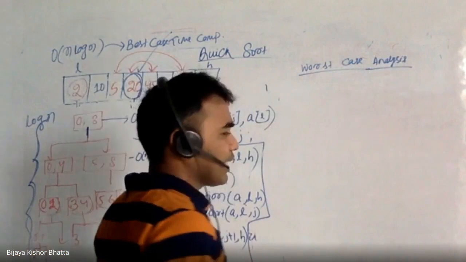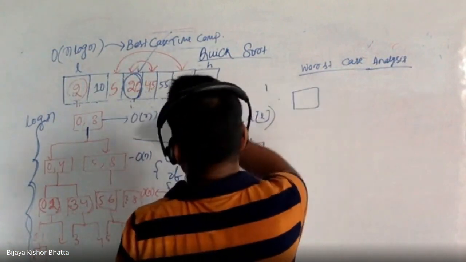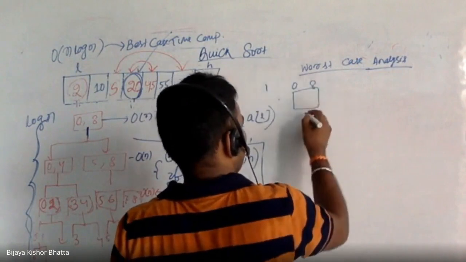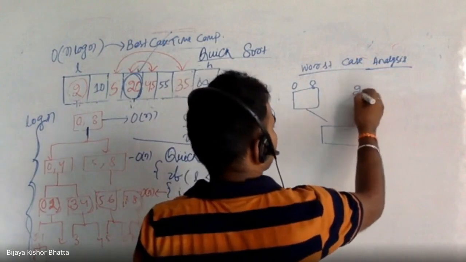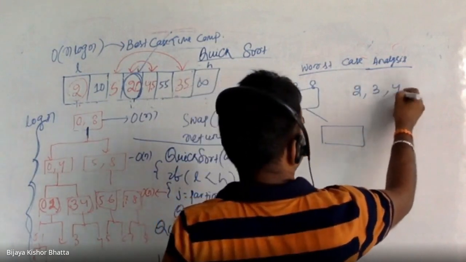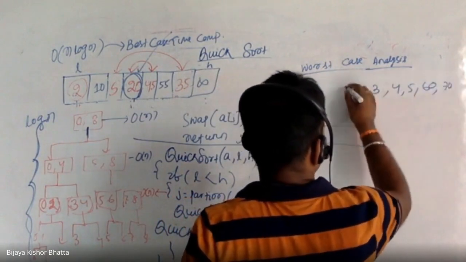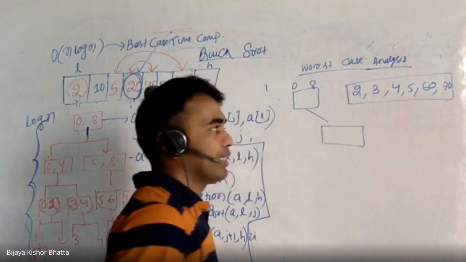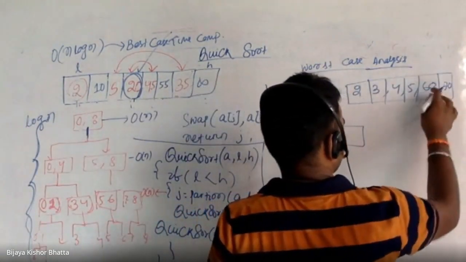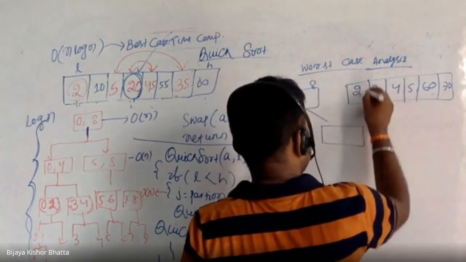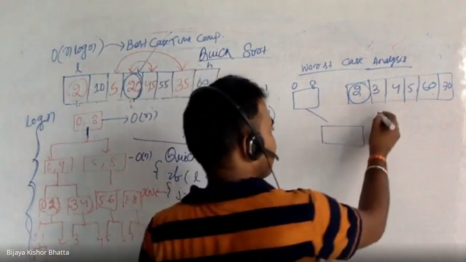Okay, so think about it this way, right? Suppose the partitioning is like, suppose same 0 to 8 index, but suppose the array is already in sorted form, right? 2 3 4 5 6, or maybe 60 70, like this is my given array. So what will happen? Again, you will take this particular element as the pivot and you will try to compare it.